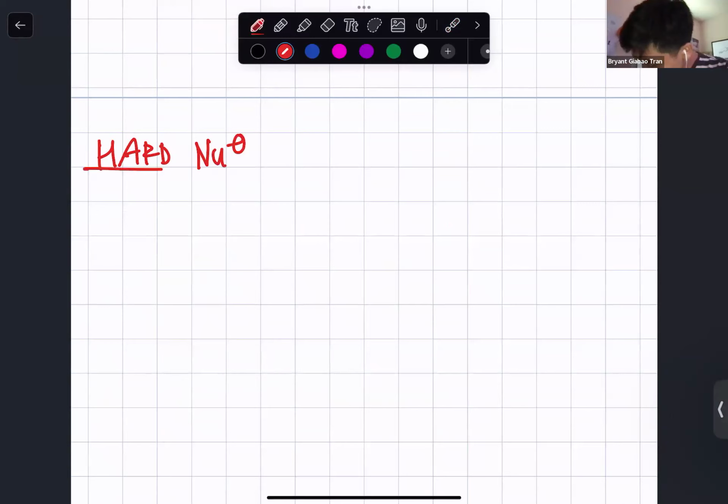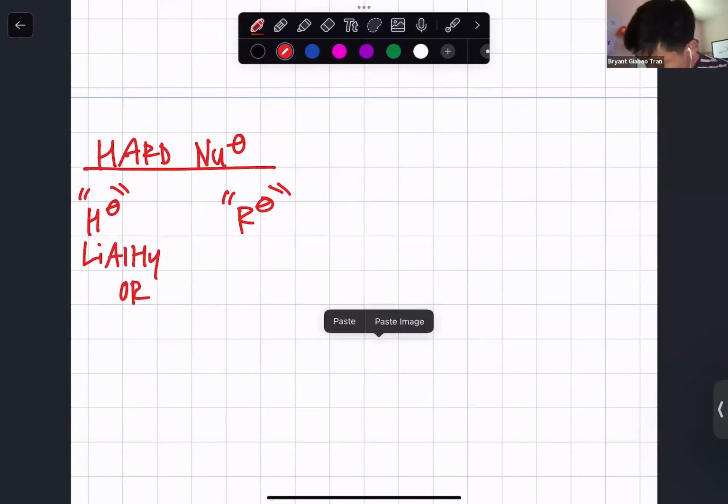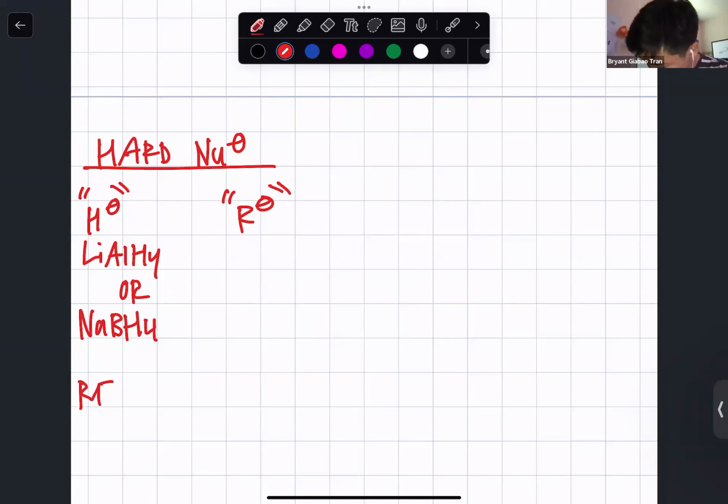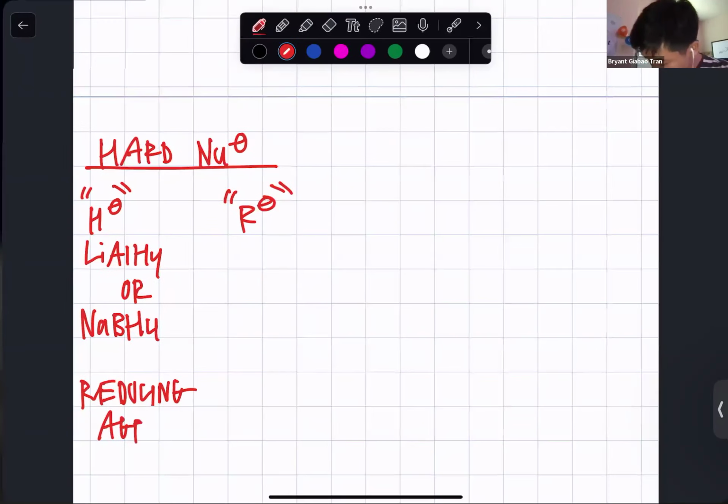The hard nucleophiles will be in the form of a hydride, H minus, or an R minus. H minus comes as lithium aluminum hydride or sodium borohydride, those reducing agents. Whenever you see any reducing agent, always reduce the carbonyl to an alcohol.